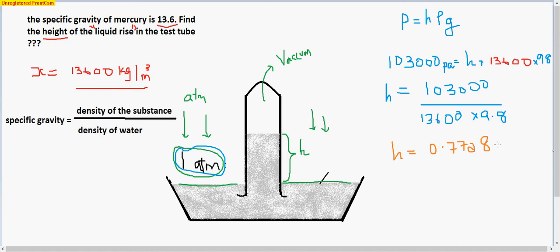What is the unit? We've done everything in SI unit, so it will be the SI unit. It is meters. Now that is the answer.